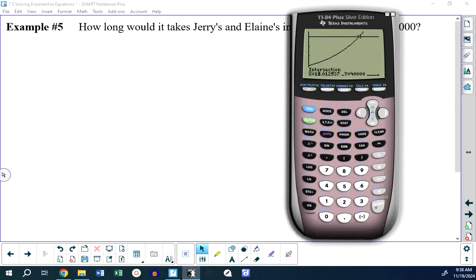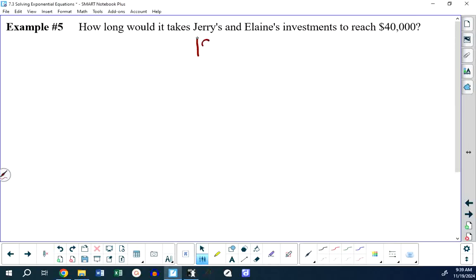But the question is worded in a way to imply that it's the time to reach 40,000. And if he doesn't have it at 18, I can even prove this to you. I can go trace 18, really close. But mathematically it's not there. We have to round up. So for Jerry, it's 19 years.